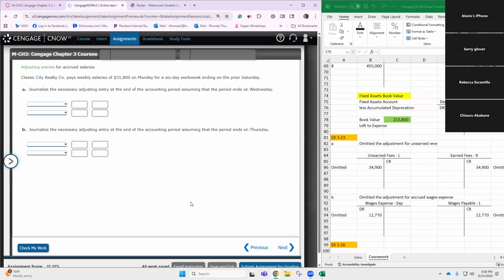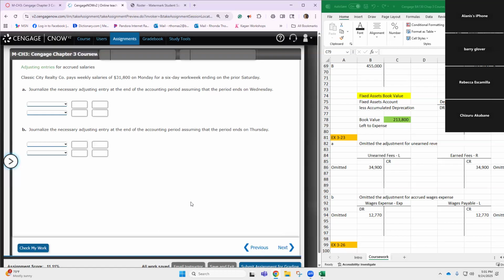So here's an example of how we're going to do this. Okay, Classic City Realty Company pays weekly salaries of $31,800 on Monday. So if you took all their employees together, they pay them weekly.